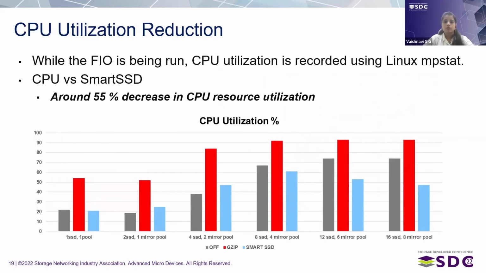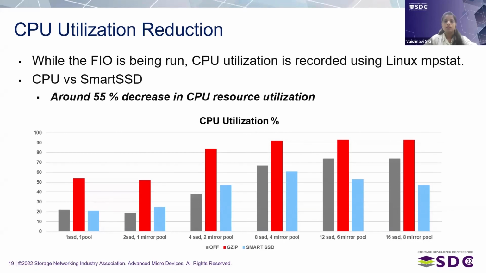The next is CPU resource utilization. The aim was to minimize it so that the resources can be utilized elsewhere. Again, we have plotted this for all the cases from 1 mirror pool to 8 mirror pools, using 16 SSDs in total. While FIO is being run, we use Linux mpstat to record CPU utilization. We have done the same for three scenarios again.